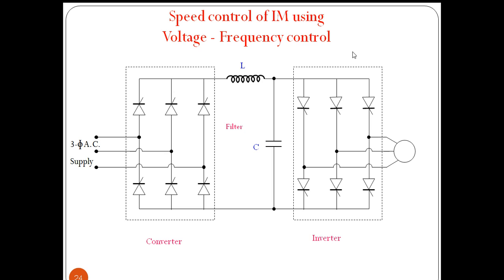The variable voltage fixed frequency supply can be obtained by means of a three-phase converter inverter circuit. The circuit diagram for the speed control of three-phase induction motor is shown here.